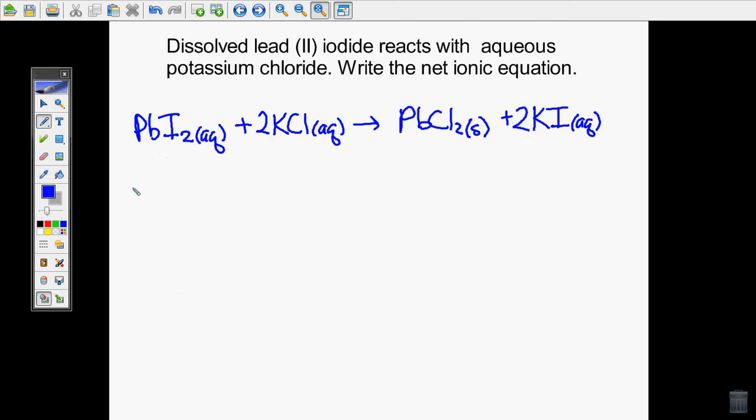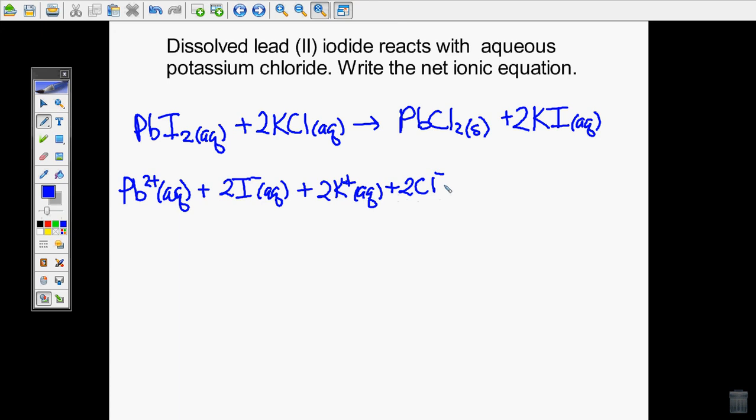Okay. Then let's break them apart into ions. So Pb 2 plus aqueous plus 2 I minus aqueous plus 2 K plus aqueous plus 2 Cl minus aqueous yields, leave my solid alone, plus 2 K plus and 2 I minus. I'm running out of room.